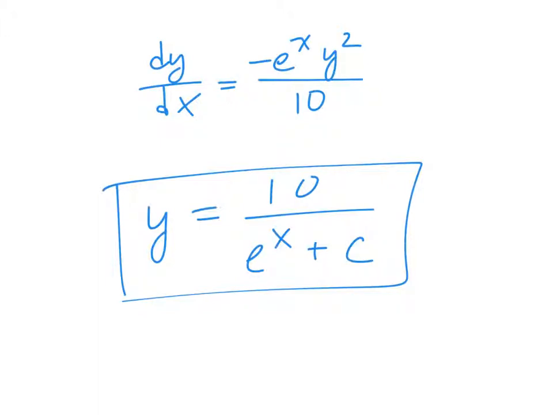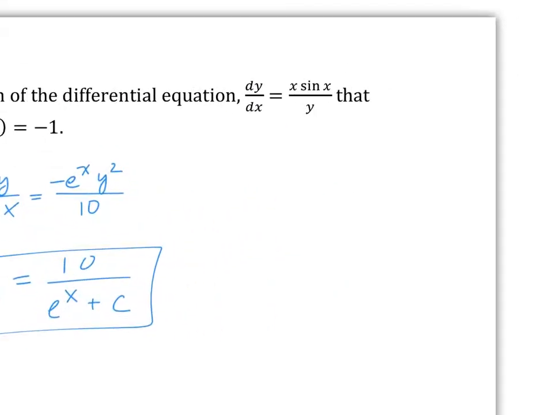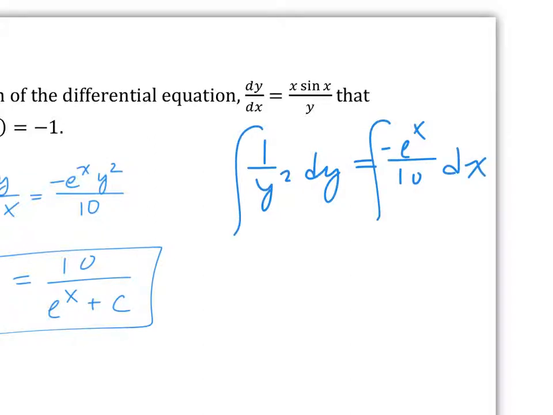Why is it plus? Let's separate the equations. 1 over y squared dy is equal to negative e to the x over 10 dx. So take the integral. This is going to be negative y to the negative 1 is equal to the same thing, negative e to the x over 10 plus c.